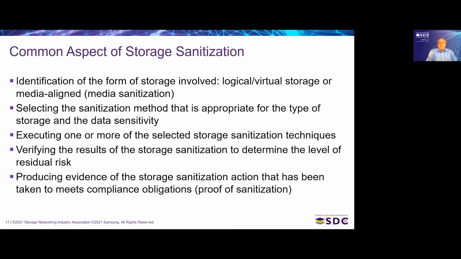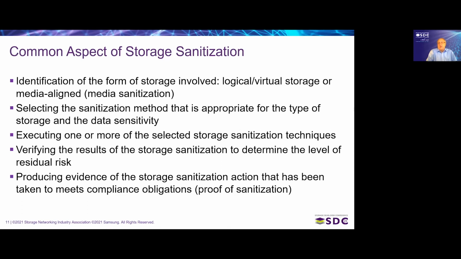We'll talk about these a little more, but those basically come down to things like clear, purge, and destruct. And those choices are going to be driven by the data sensitivity. So if you have really, really sensitive information, you're probably not going to use the weakest method of sanitization, clear. You're probably going to use a much stronger one, possibly even destruct, which in this context we perceive as being the more secure. All right. So once you've selected that method, then you've got to execute whatever the sanitization technique is.